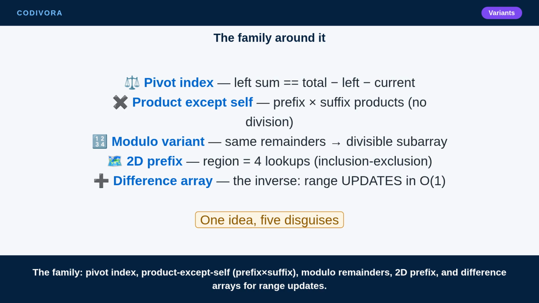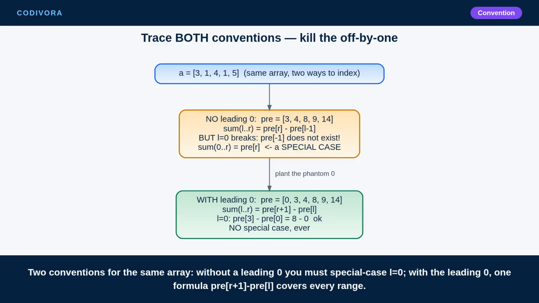And the inverse twin, the difference array. When you need many range updates instead of range queries, add at the start, subtract after the end, and 1 final prefix pass materializes everything. 1 idea, 5 disguises. Quick but important. There are 2 ways to build the prefix array, and mixing them up is the number 1 bug.